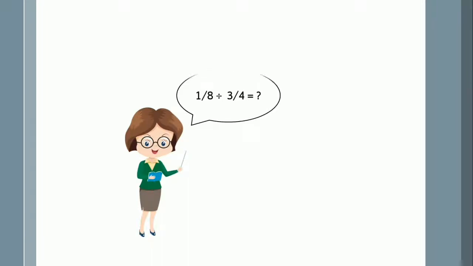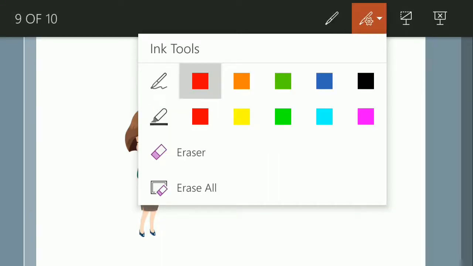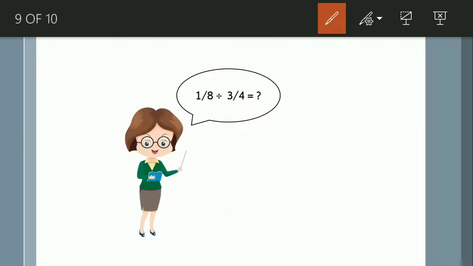Next. There is another question. 1 by 8 divided by 3 by 4. Students, you have to do it in the notebook. 1 by 8 into reciprocal of 3 by 4. Yes, Pragya?